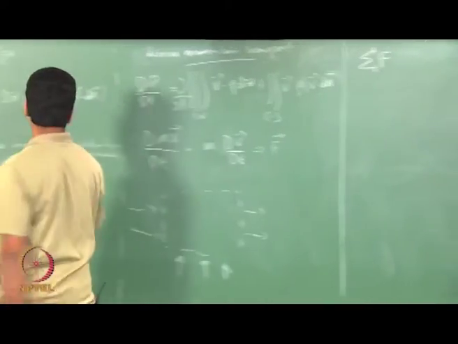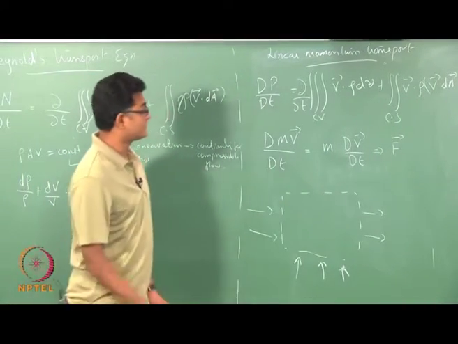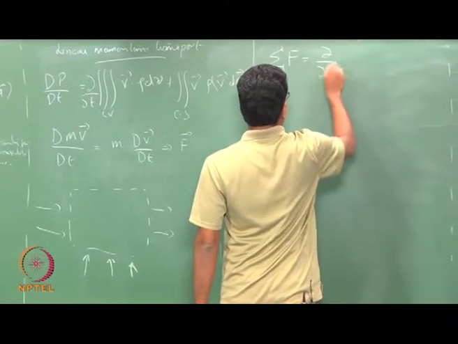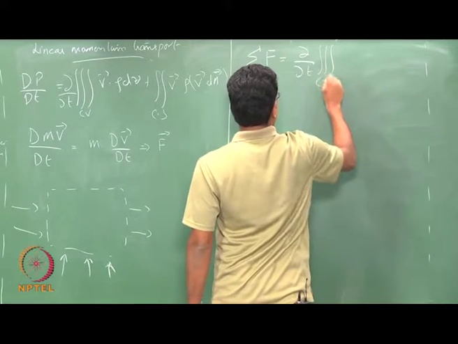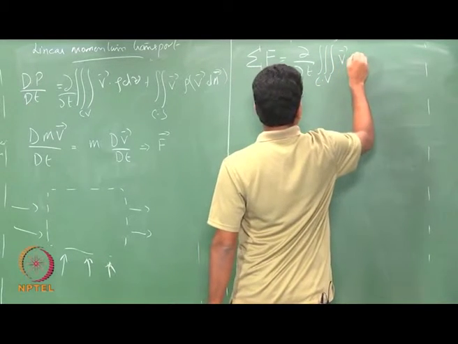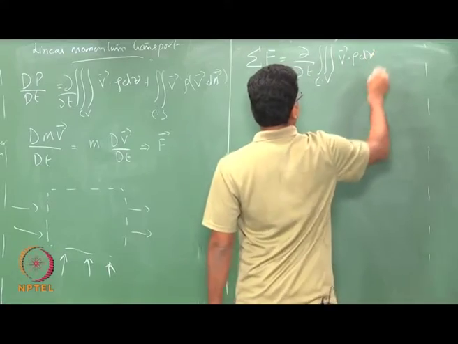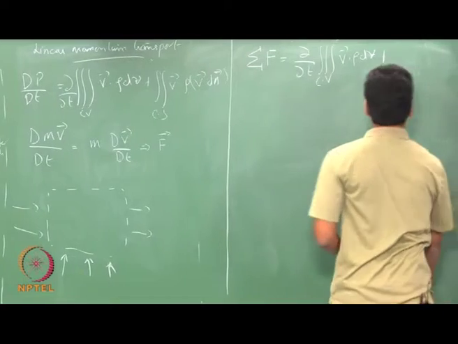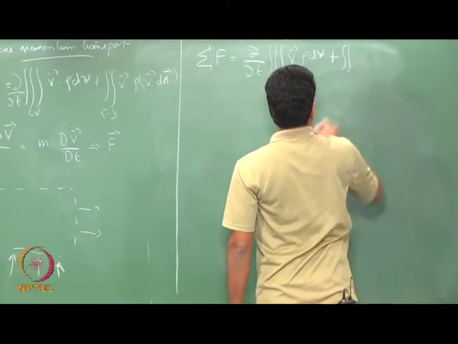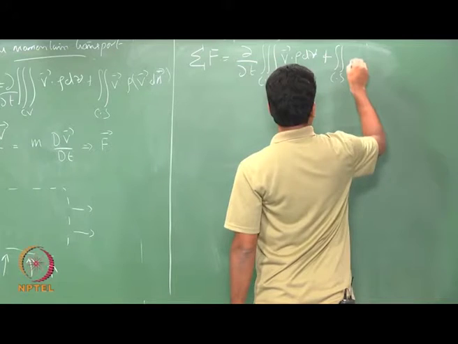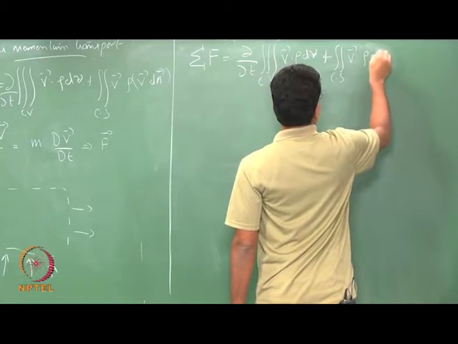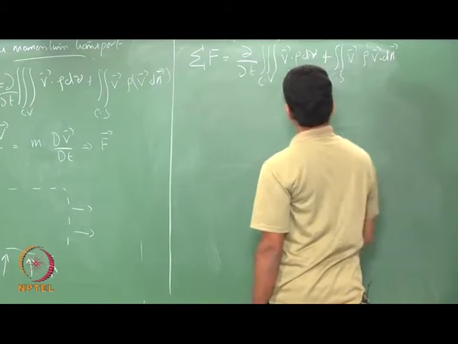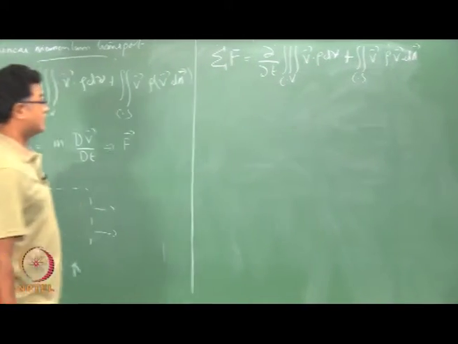So, the sum of all the forces is equal to your unsteady part from the Reynolds transport equation and the convective part, which is the integral over the area rho v dot dA. Okay.